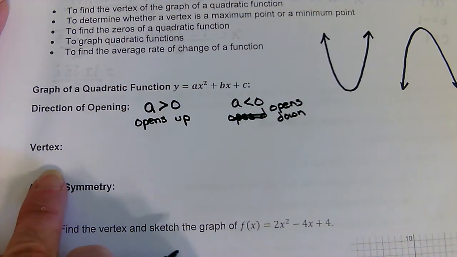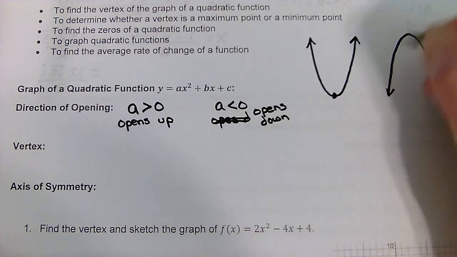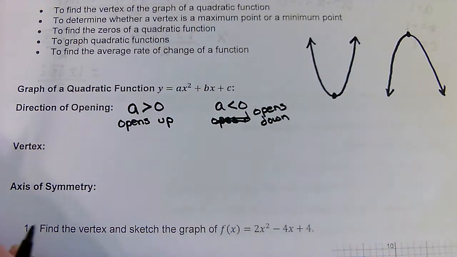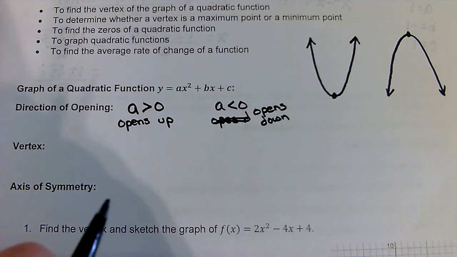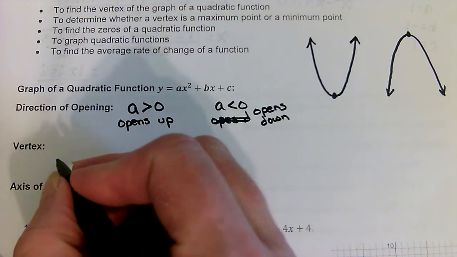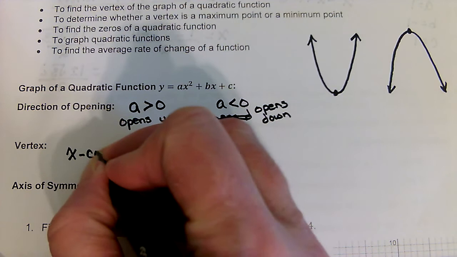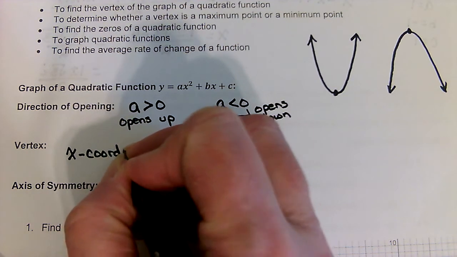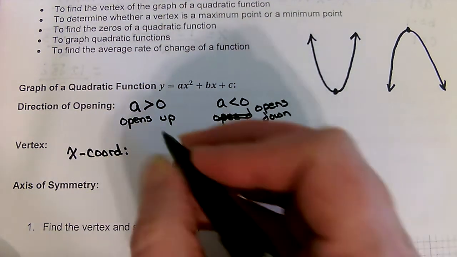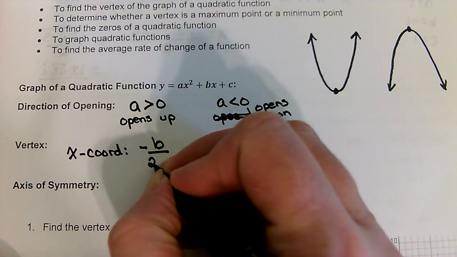Now the vertex of a quadratic. The vertex is that point where it's turning around. And the x value of the vertex, there's a simple formula that actually allows us to find it. So to find the vertex, the x coordinate is found by negative b over 2a.